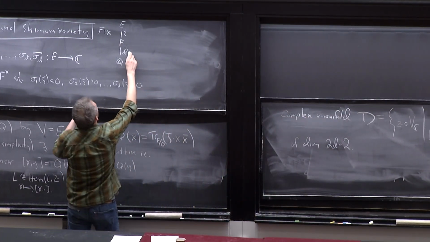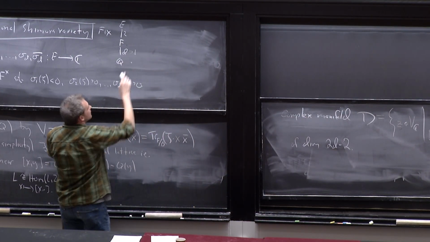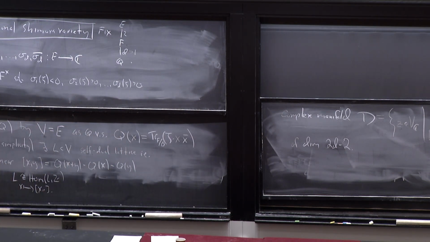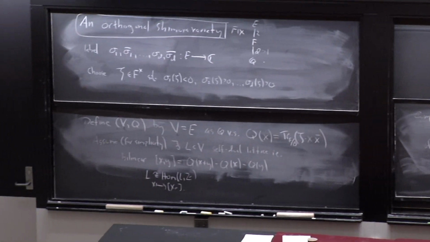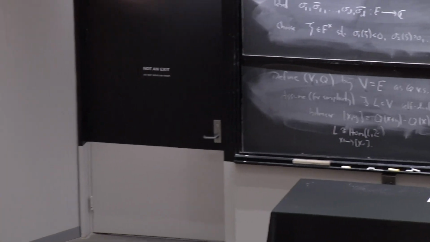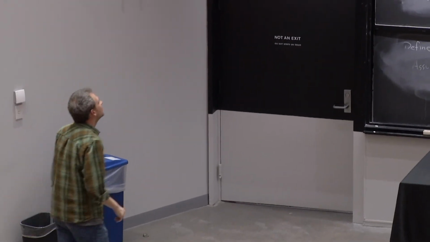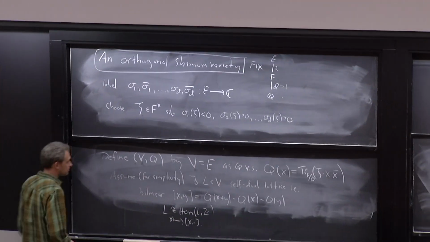I'm always assuming, by the way, that D is not 1. Because in the case where D is 1, we're just looking at quadratic imaginary fields, and it's just the Chowla-Selberg formula, and it's done. So we only have to deal with D greater than 1.